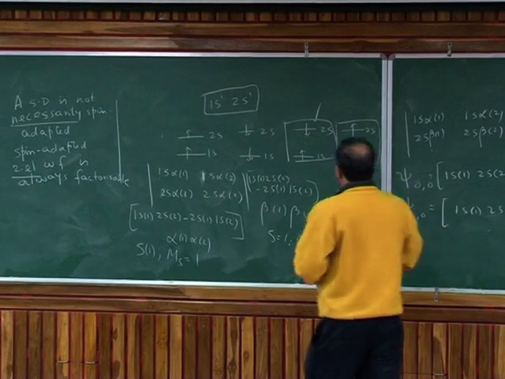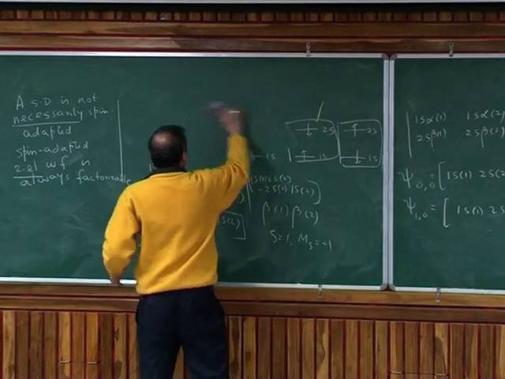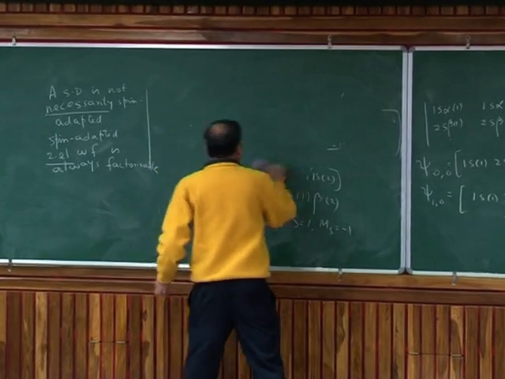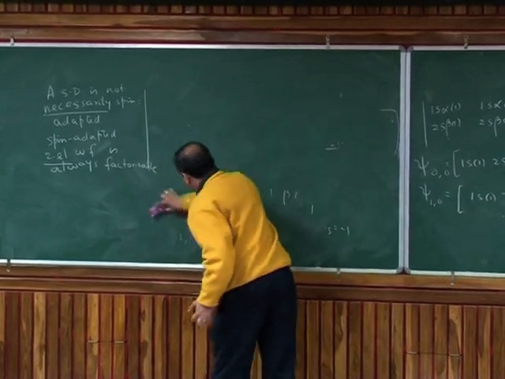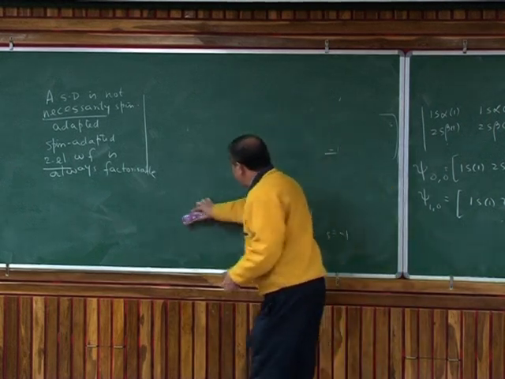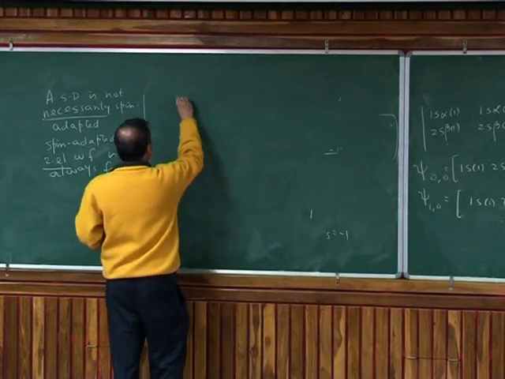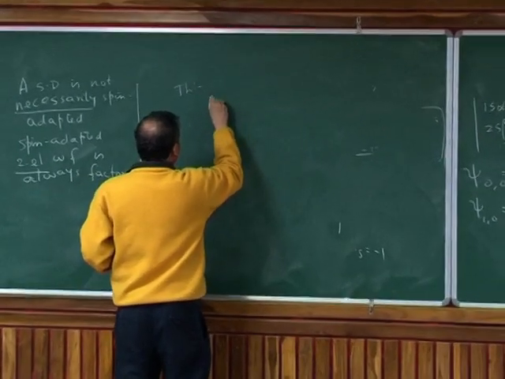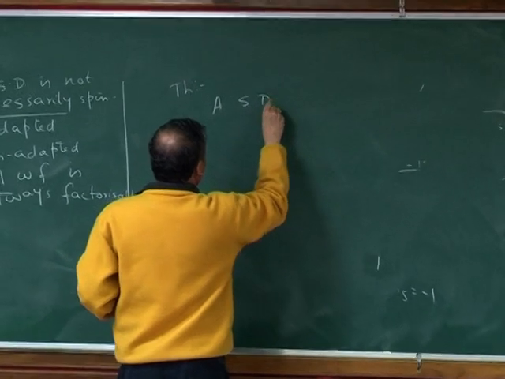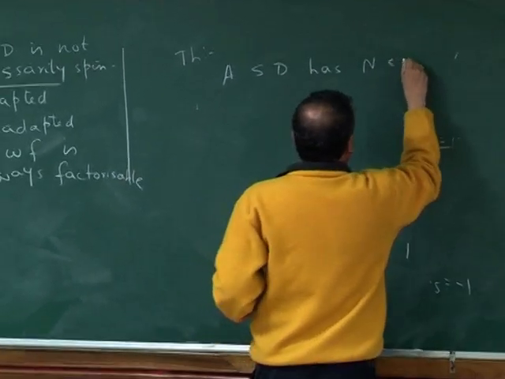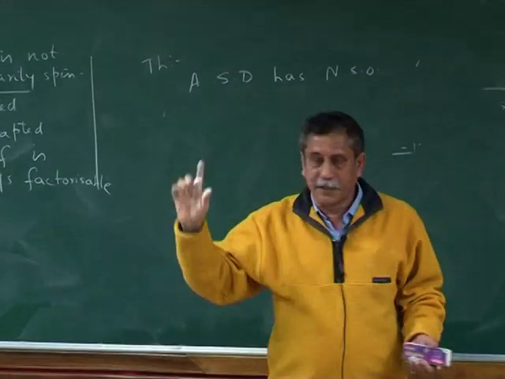So now let me change gear and ask, how do I know which is singlet or spin adapted for a general case, not even the two-electron case? Let us take the theorem without proving it. Let's say I have a single determinant that has n spin orbitals, where SO is spin orbital.